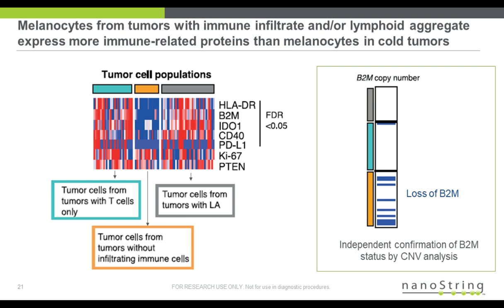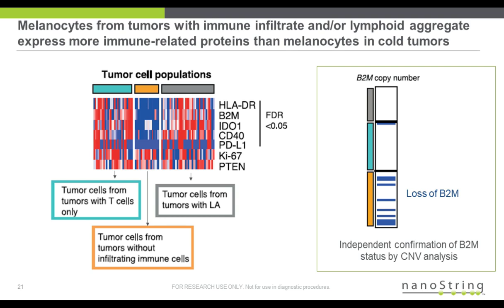And then he went on as well to characterize the melanocytes and the actual tumor cells that could be regulating also the activation and activity of the T cells once they'd left the TLSs. And here, what you can see on the left is that he's looking at, again, the different molecular patterns that are expressed by the melanocytes from tumors with or without TLSs or these lymphoid aggregates.